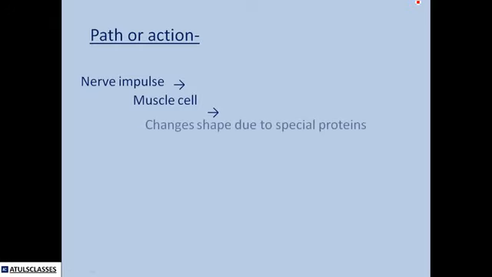How in detail will the path of action be? A nerve impulse acts on the muscle cell. The muscle cell gets excited and changes shape due to special proteins. These are contractile proteins that change the shape of the muscle cell.